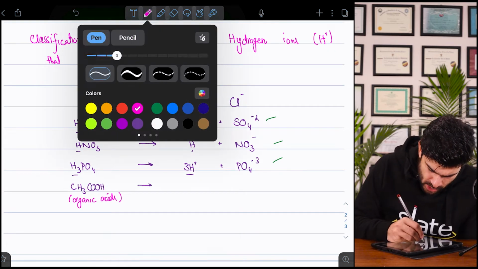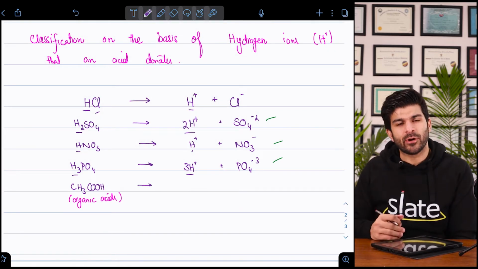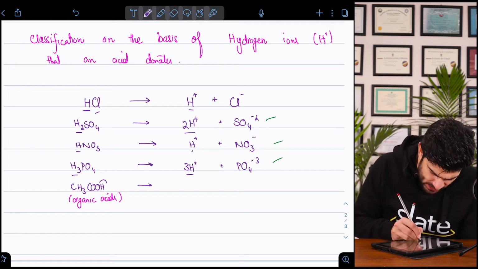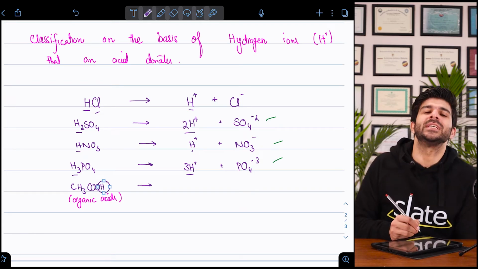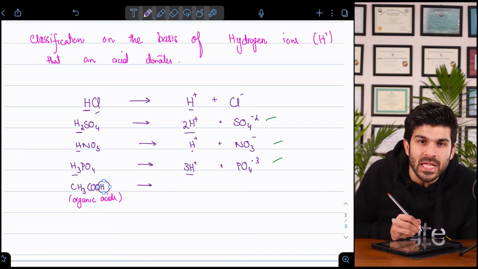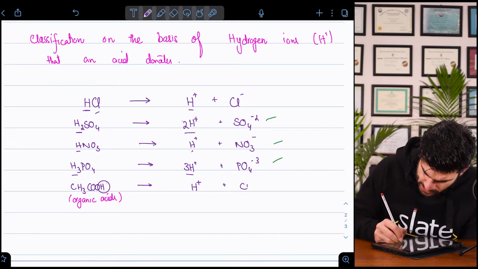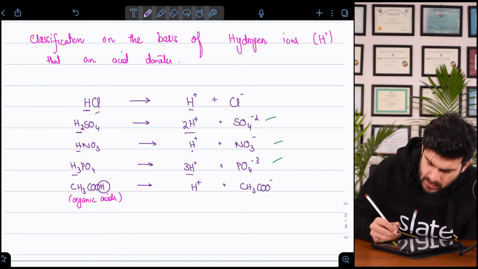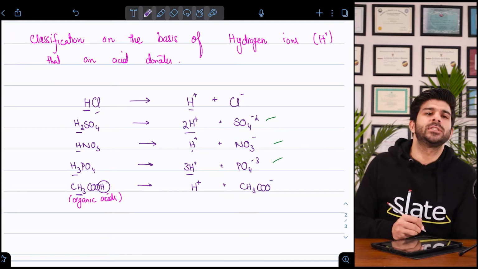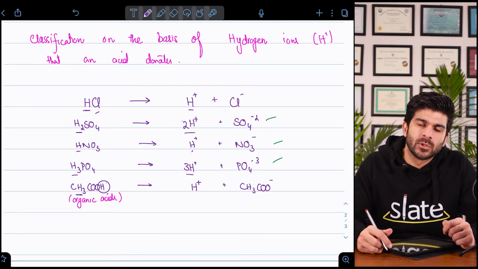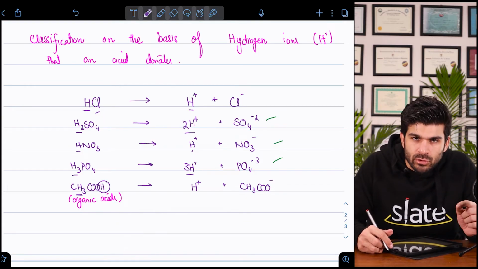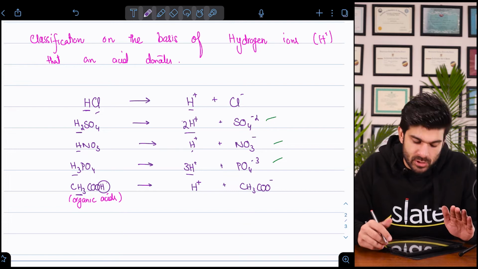So whenever you try to dissociate an organic acid, only this hydrogen will be dissociated. Only this hydrogen will leave. So we're going to get this and this. We will not touch these hydrogens, students. So remember, these hydrogens are not available for the ionization process.